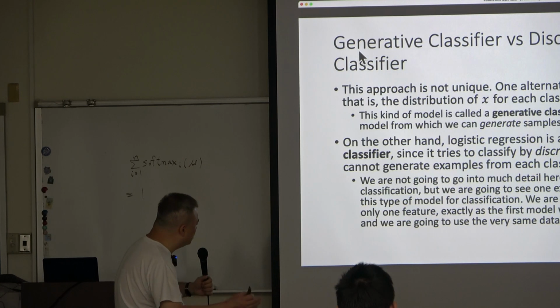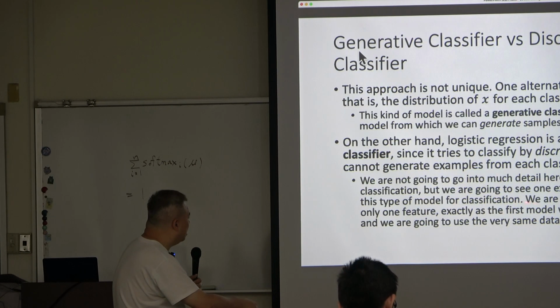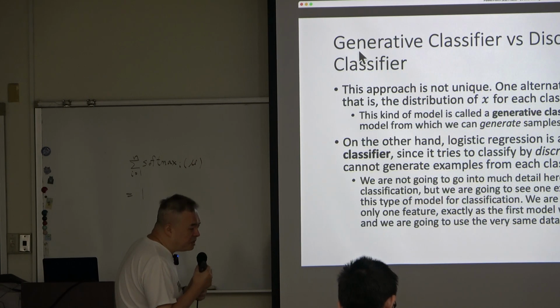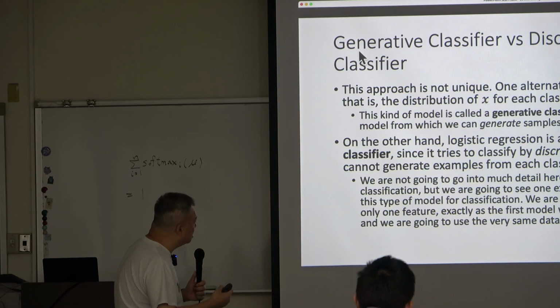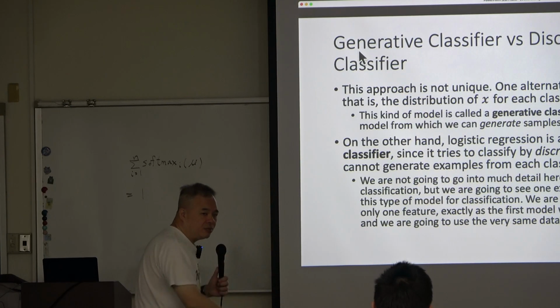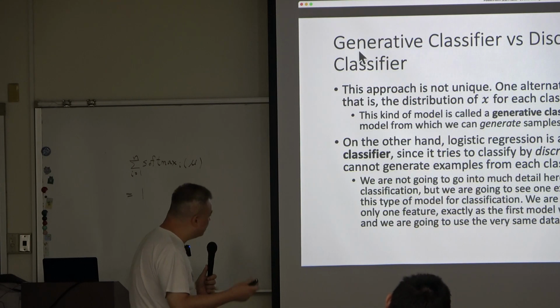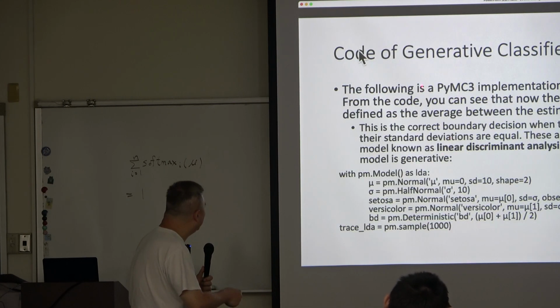Just like the first model we built in this chapter, the first logistic regression model, where we considered two classes and one feature, with the S shape and the boundary. We are going to use exactly the same data set, and build a PyMC3 implementation of a generative classifier.